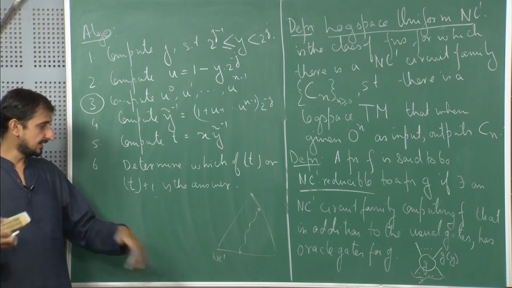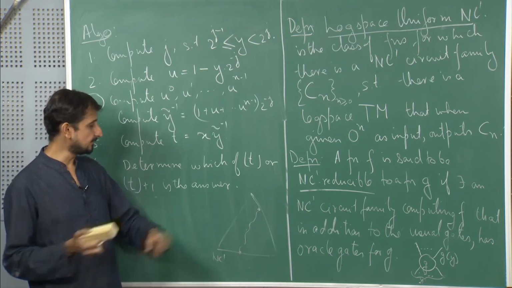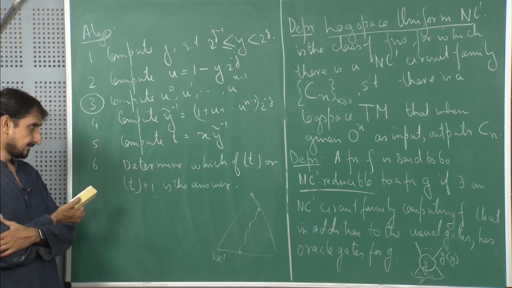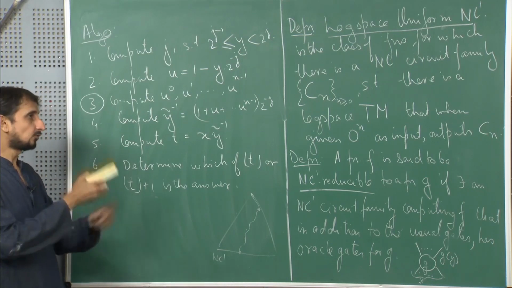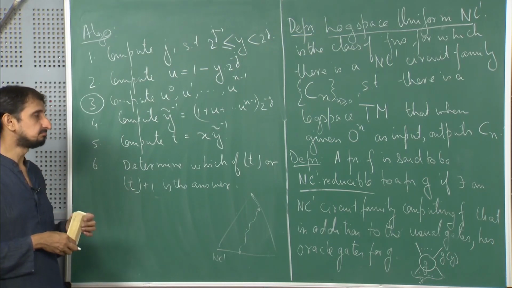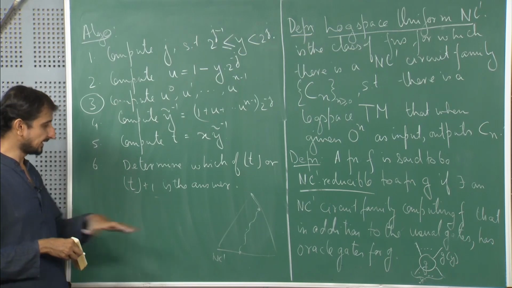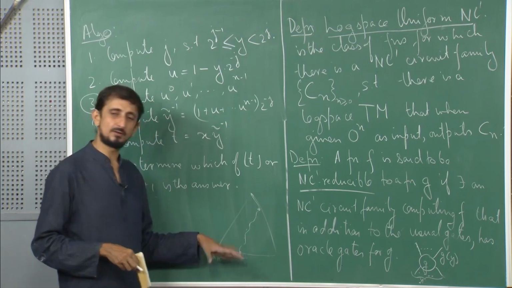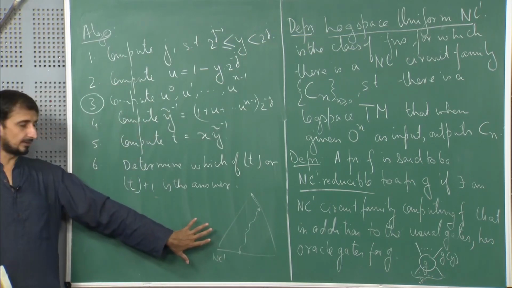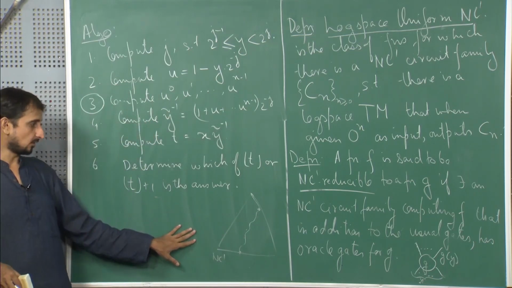So if I have log n many gates and each of them has depth log n, the total input cannot still be more than n. Something like that. But I cannot comment about it right now because I have to figure out what that proof is. Only then I can comment about it.